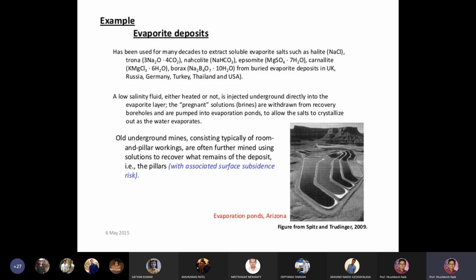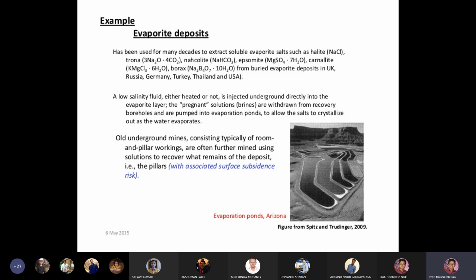A low salinity fluid, either heated or not, is injected underground directly into the evaporite layer. The pregnant solutions, brines, are withdrawn from recovery boreholes and are pumped into evaporation ponds to allow the salts to crystallize out as the water evaporates.